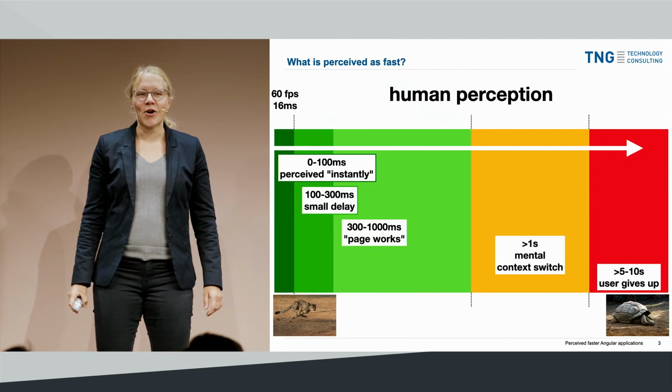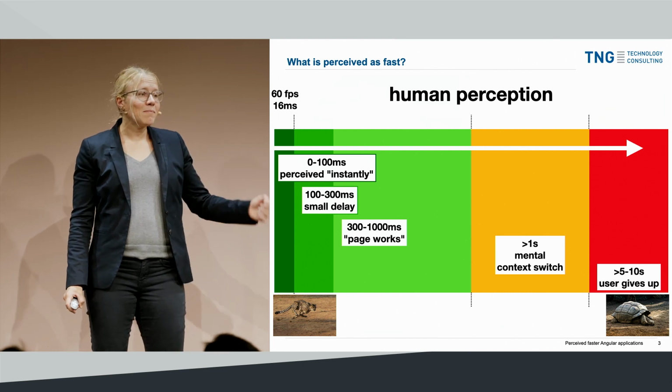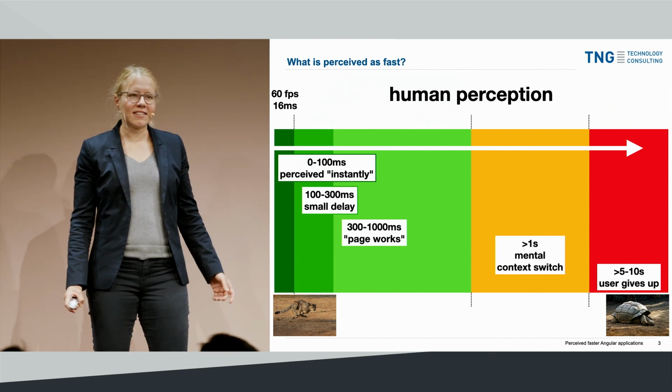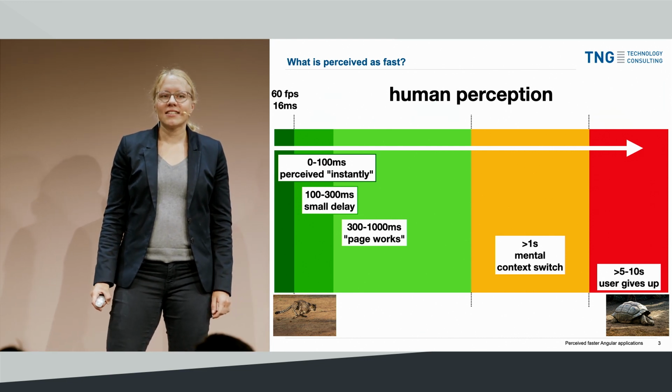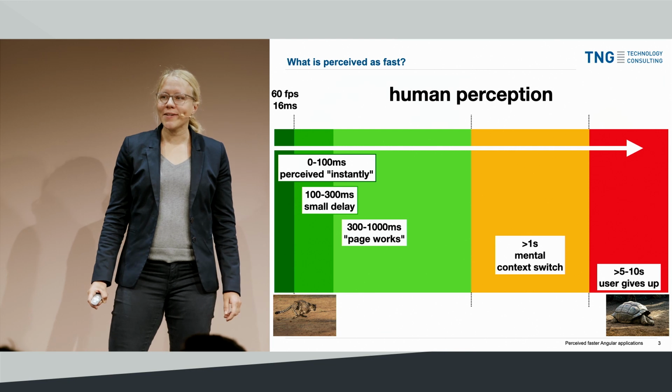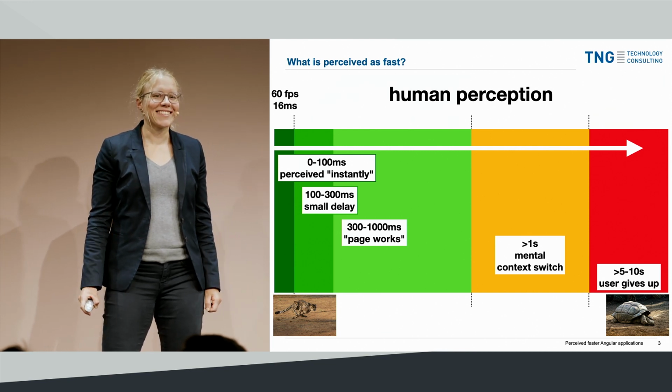Coming to today's topic, perceived faster Angular applications. Let me briefly recap what is fast and why. What's perceived as fast is wired to the human brain, to human perception, and we cannot fight against it.